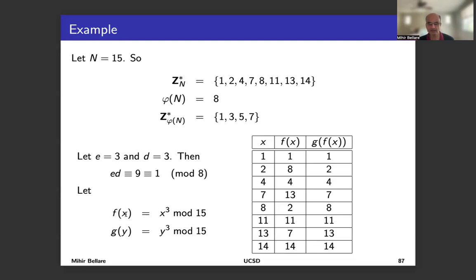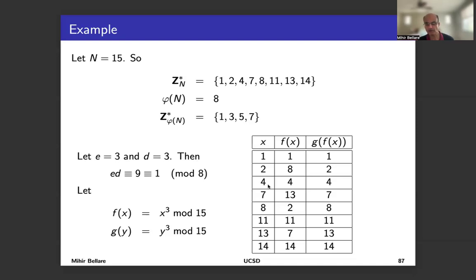Let's call the first one F. It takes an input X, and that input X will be in this space where we've written all the possibilities here. And it cubes it mod 15. Notice here the mod is 15, not 8. We're going back to this group over here. And over here, I've tabulated results. So this is 1 cubed is 1, 2 cubed is 8, 4 cubed is what? 16 times 4, which is 64.